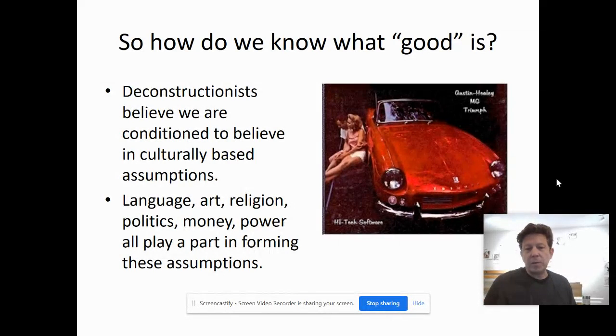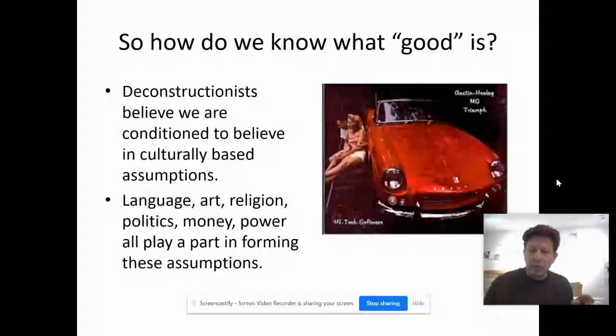So here's an example of a car that's shiny and new, right? But in addition to the car, we have this happy couple next to it. So we start to think that we want that car because we want to live like those happy people, right? When in fact, the car might not be the thing that makes us happy. It's being with that special other person.